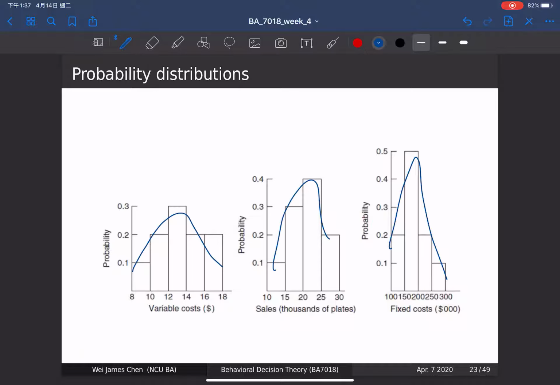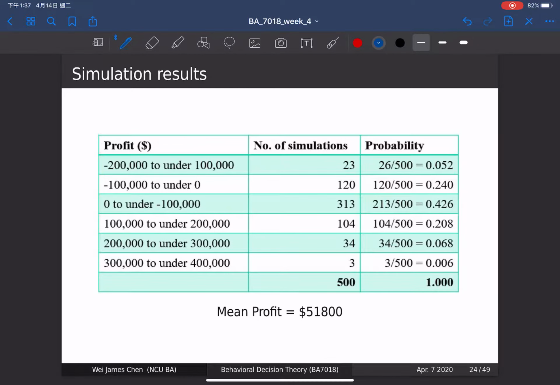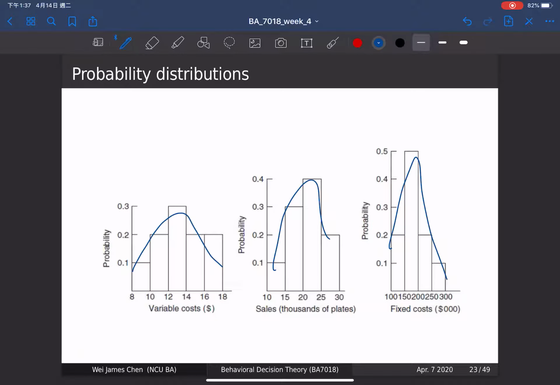And then, in this case, you see, just for the variable cost, there are 5 different cases. Sales have 4 different cases. The fixed costs have 4 different cases. So 5 times 4 times 4, there are 80 different cases, right? There are way too many different cases.